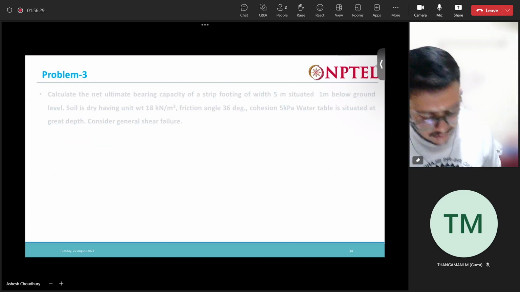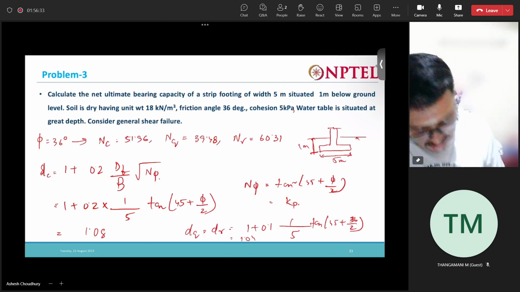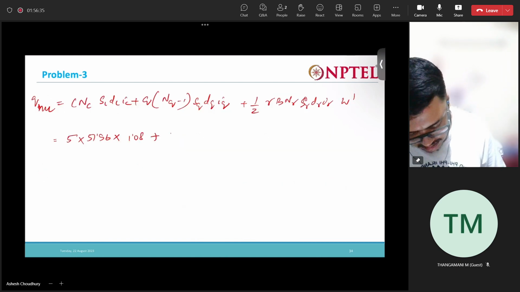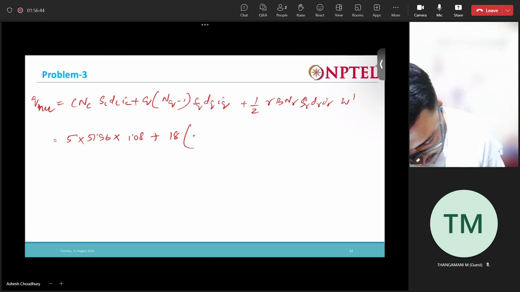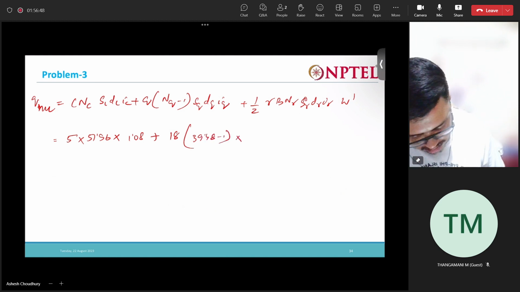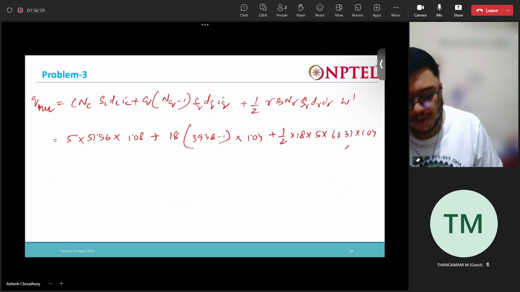What is q? q is nothing but this overburden, 1 into 18. So 18 into Nq, Nq is 39.48 minus 1, dq is 1.04, plus half into 18 into 5 into 60.31 into 1.04 into W dash.